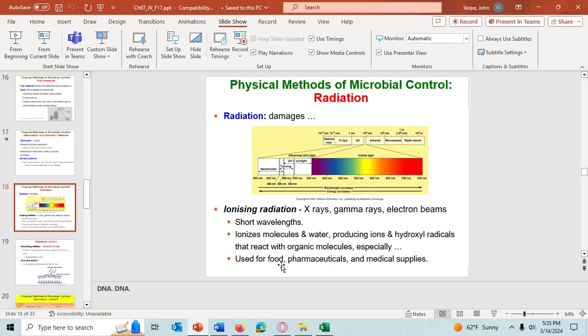There are a few things like ultra high temperature milk you can find in the store, but most of them are sealed and exposed to ionizing radiation and then sold that way. Pharmaceuticals and medical supplies often use radiation to sterilize those too.